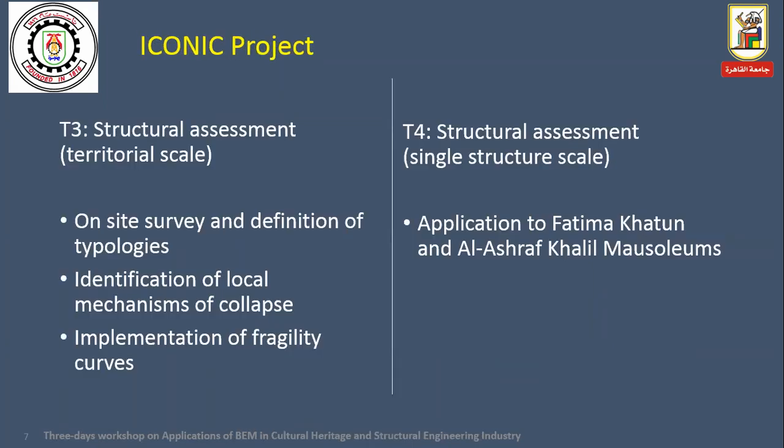Task 3 is the structural assessment on a territorial scale, where you would look at the site and the different buildings in it, the overall site, identify mechanisms of collapse for different buildings, and try to look at the fragility curves for these different structures. Task 4 is structural assessment for a single structure, and this is what we'll be talking about in detail in this presentation.